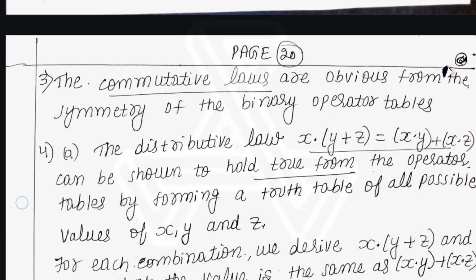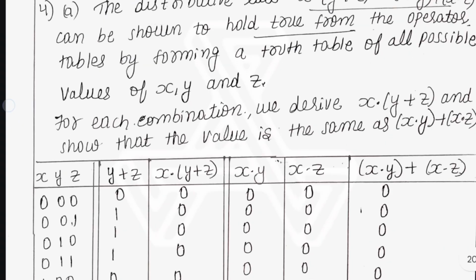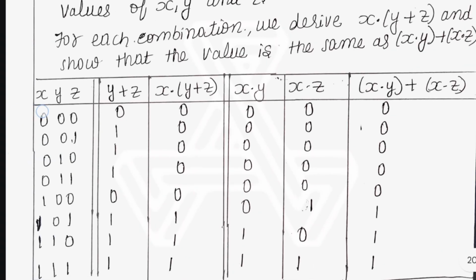The commutative law is obvious from the symmetry of the binary operator tables. For the distributive law, x dot (y plus z) is equal to x dot y plus x dot z, which can be shown in the truth table below.